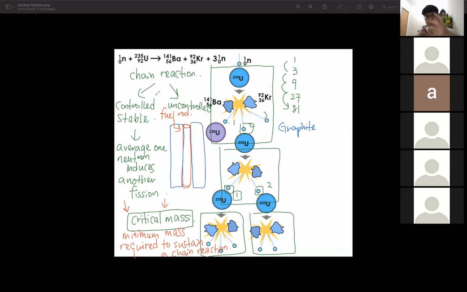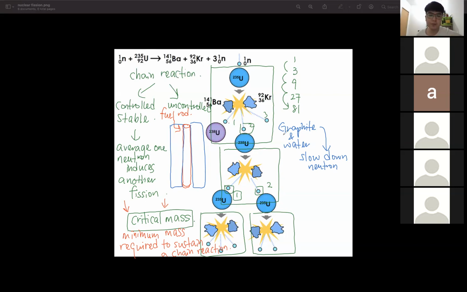I put a graphite around it, and sometimes they use water as well. You'll see that the fuel rod, usually they put it under water, right? In the nuclear reactor, they put it under water. So graphite and water, what they do is they slow down the neutron so that the neutron can hit the uranium atom, right?